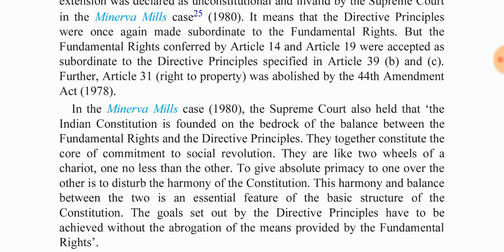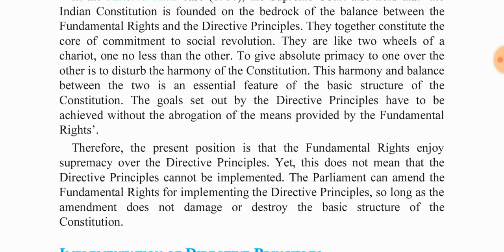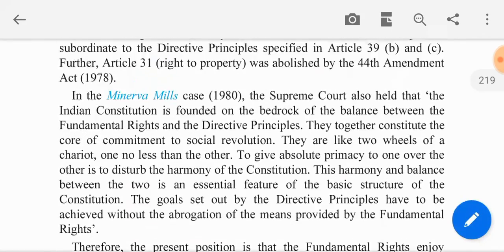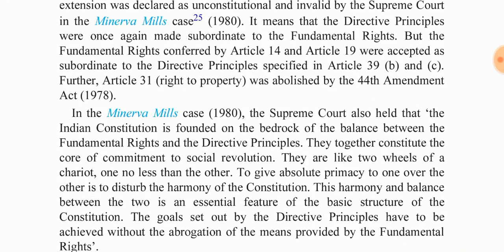But the fundamental rights conferred by Article 14 and 19 were accepted as subordinate to directive principles specified in Article 39B and 39C. Further, Article 31, that is the right to property, was abolished by the 44th Amendment Act of 1978.